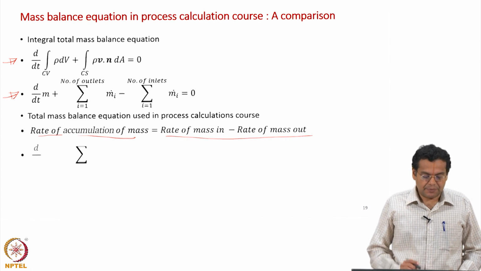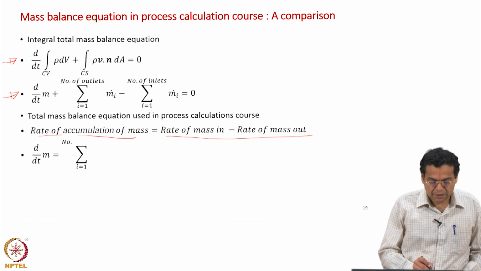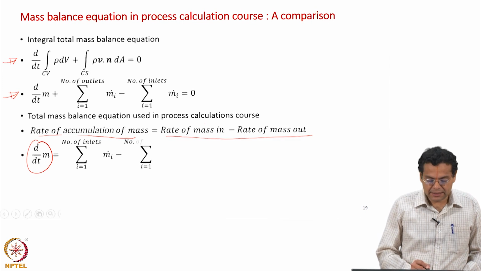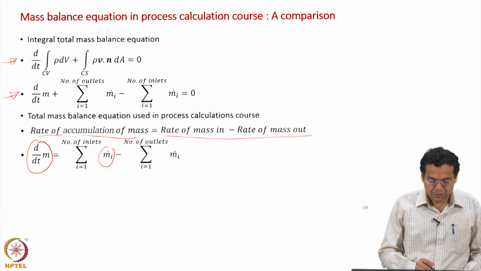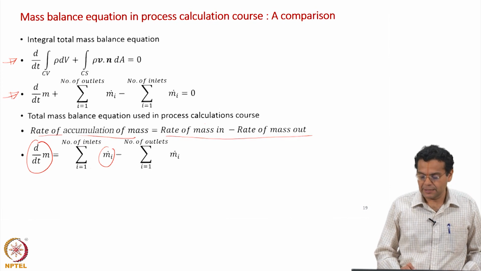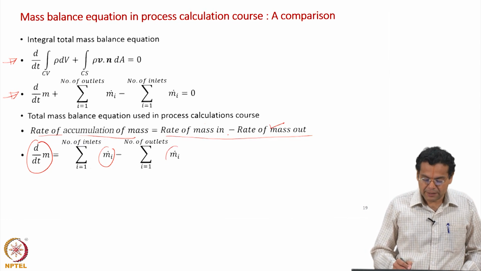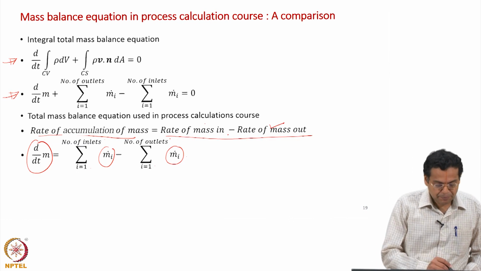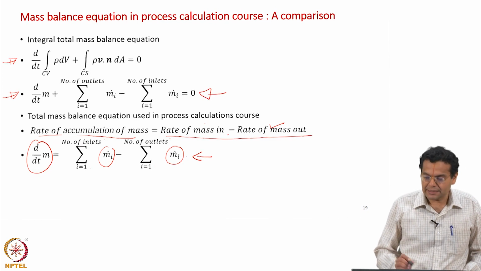If you express this in terms of the variables we have used, rate of accumulation of mass is dm by dt, rate of mass in is m dot i, but I allow for several inlets, so I sum from i equal to 1 to number of inlets, minus rate of mass out, once again allowing for several outlets, I sum from 1 to number of outlets, in terms of our nomenclature m dot i. Let us compare this equation and this equation, both are exactly the same.